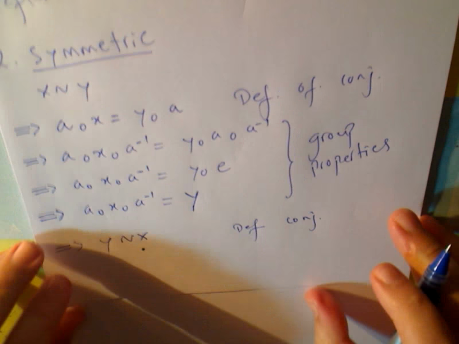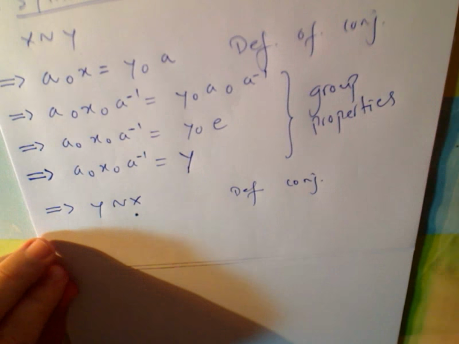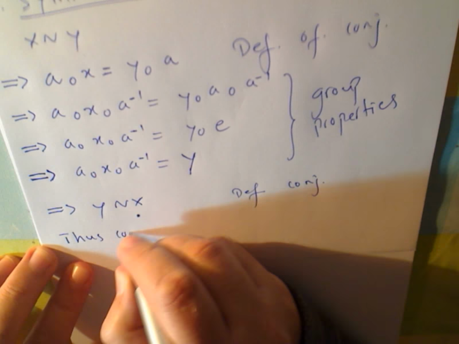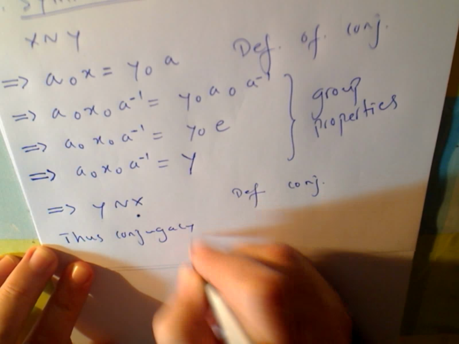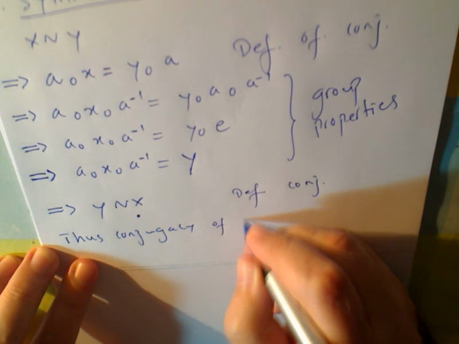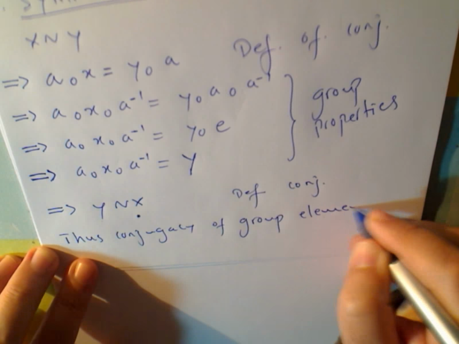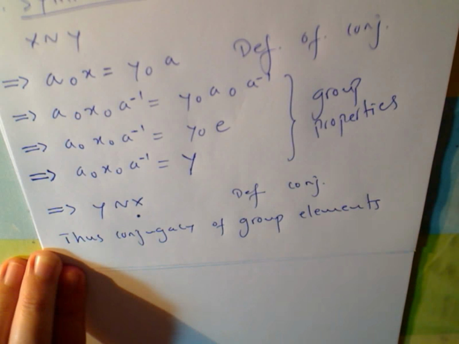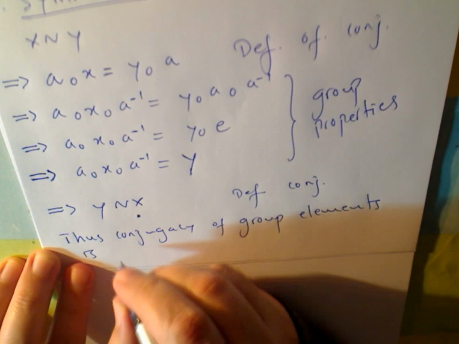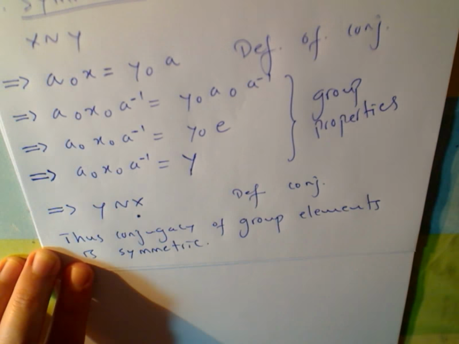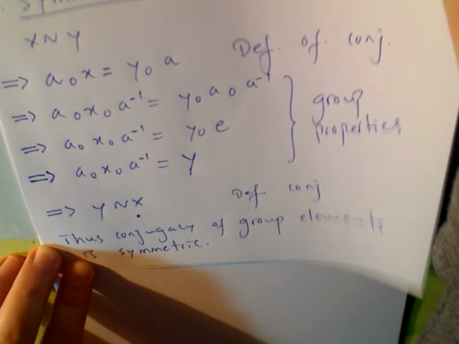Okay, so our obvious conclusion is thus: conjugacy of group elements is symmetric.